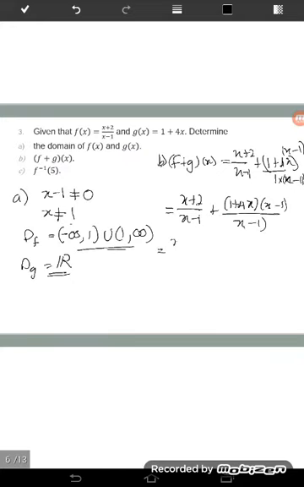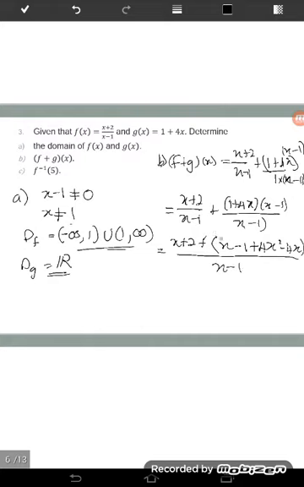So then we have x plus 2 plus, put a bracket, so this one you need to expand. 1 times x is x, 1 times negative 1 is negative 1, 4x times x is positive 4x squared, and then 4x times negative 1 is negative 4x, divided by x minus 1.